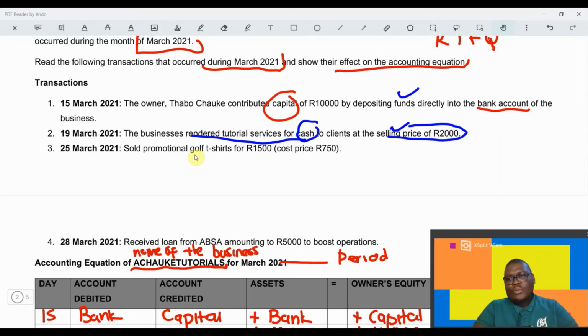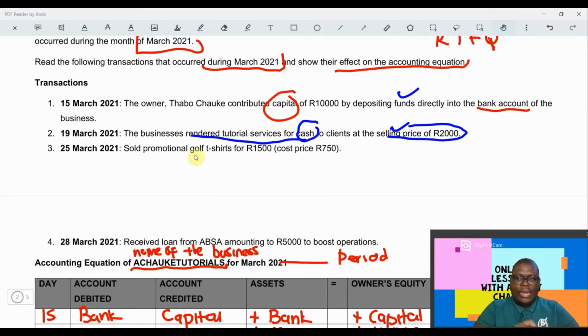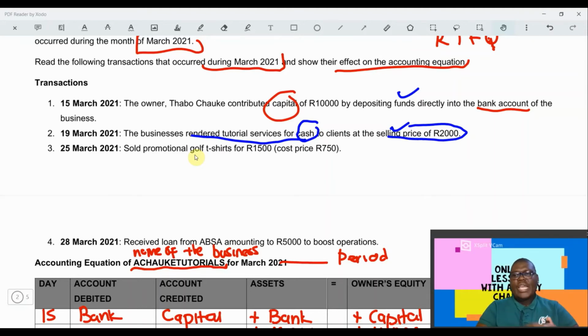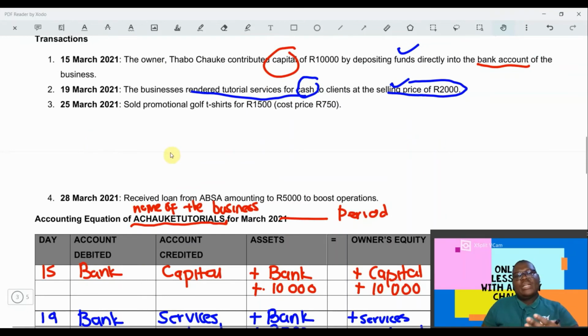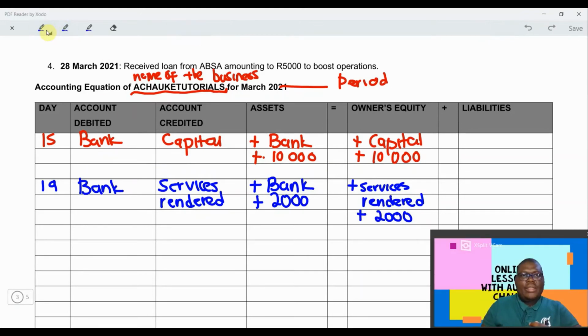Okay? So you need to be able to record such things. Even when they tell you that the transaction is recorded in credit, you need to know how to record that. And obviously that one will be a bit different from when you have sold for cash. Okay, so now let's record the first part of the transaction. I think it's 25 March. I have to use a different pen again.